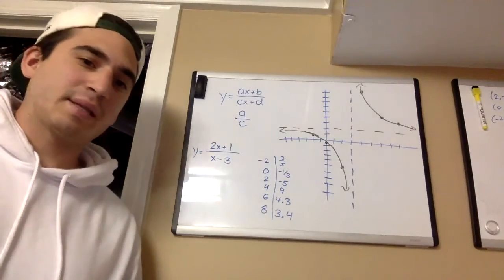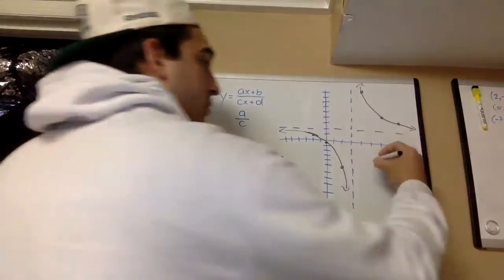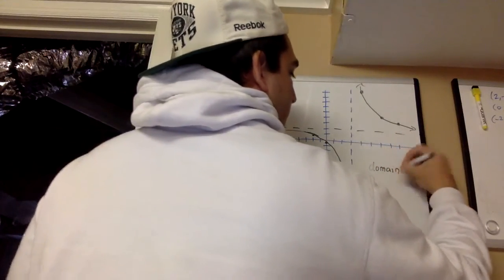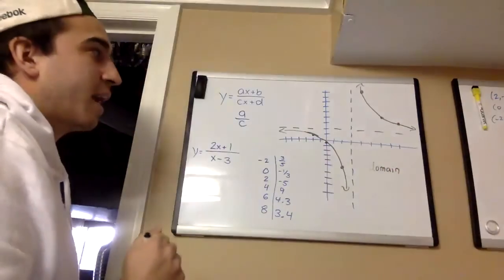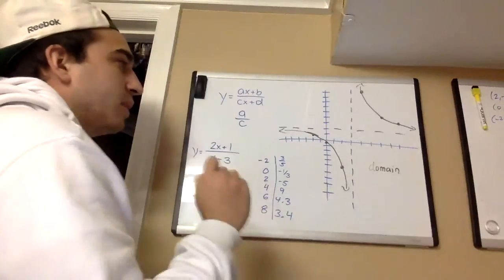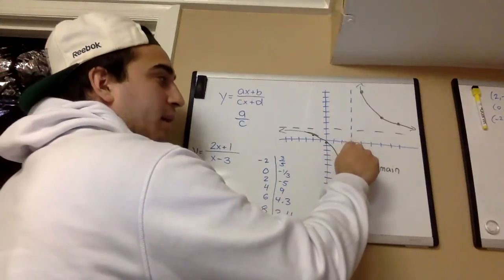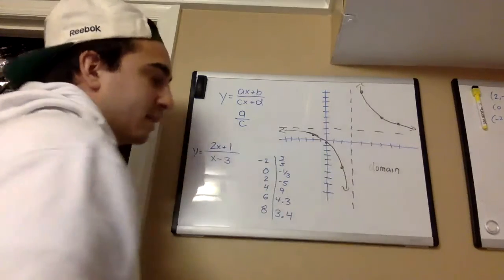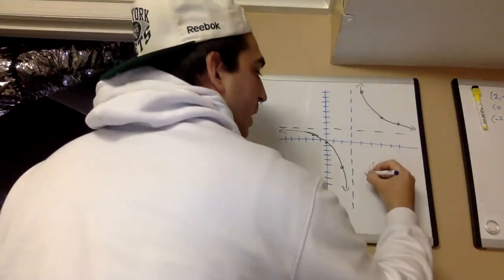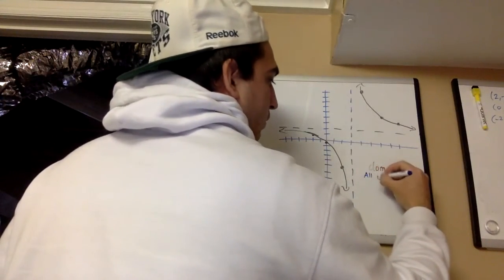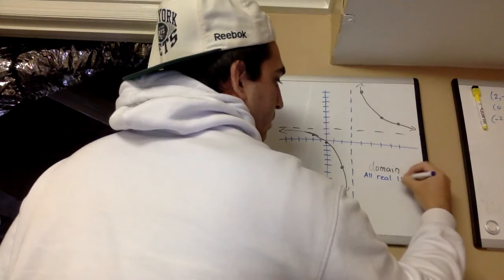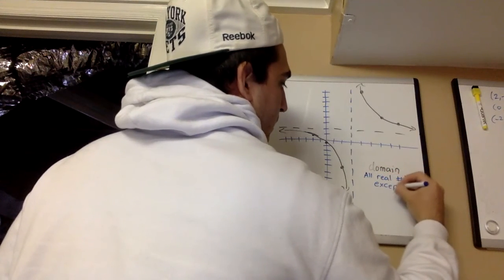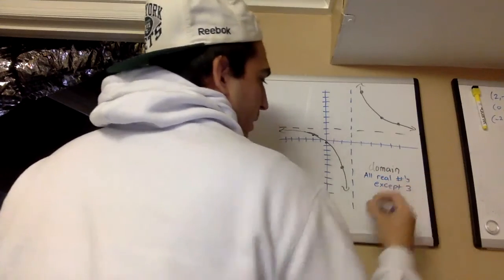And this is exactly like your previous homework. So your domain deals with x values. The only x value that does not work is when x is 3, because there's an asymptote there. So for your domain, you'll write all real numbers except 3.